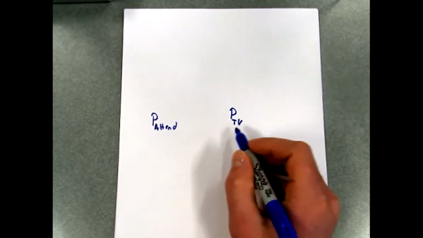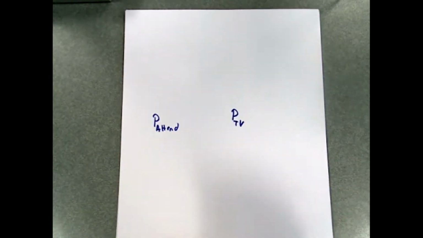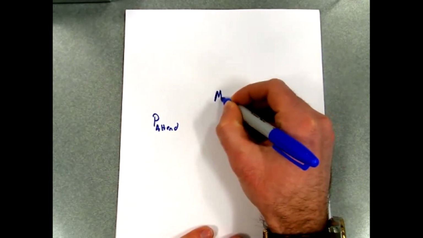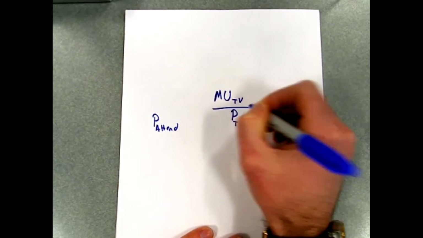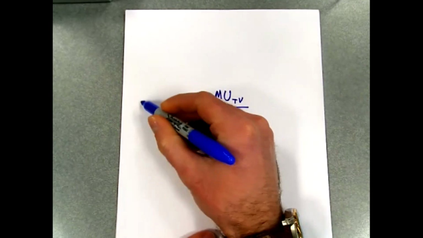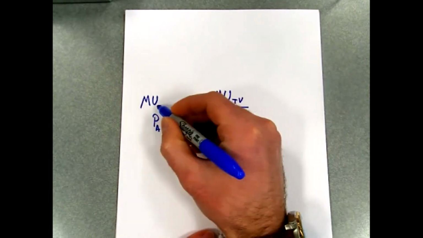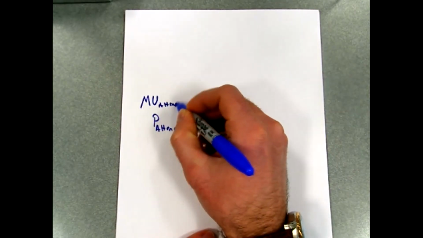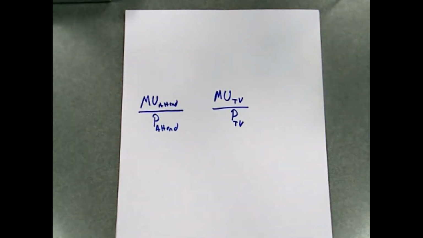So it's not just the price that you care about when you're thinking about purchasing something. It's going to be the additional utility that you get as well, right? So there's going to be an additional utility, or marginal utility, or benefit, if you want to think about it that way.